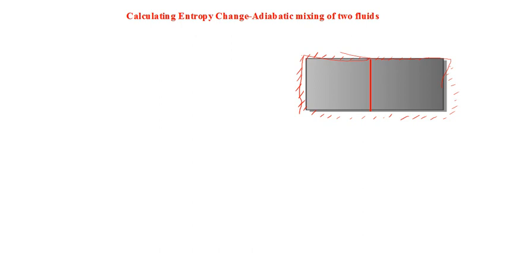Now let me call these two system A and system B. Let's assume A and B be the two subsystems, and let us assume that the first system is at a temperature TA and the second system is initially at a temperature TB.